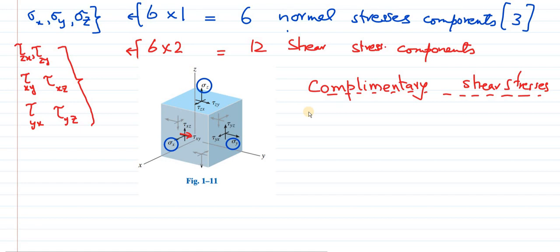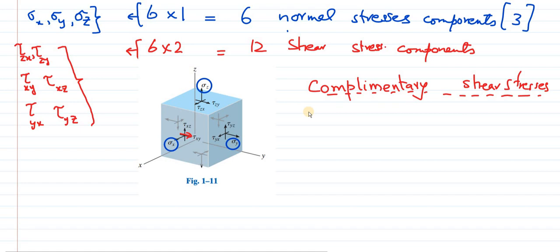These are the shear stresses acting on adjacent faces. Look, this is one face and it has an adjacent face over here. So we have tau yx acting here and we have a tau xy acting over here. We have proved in our previous classes that these complementary shear stresses are equal in magnitude.